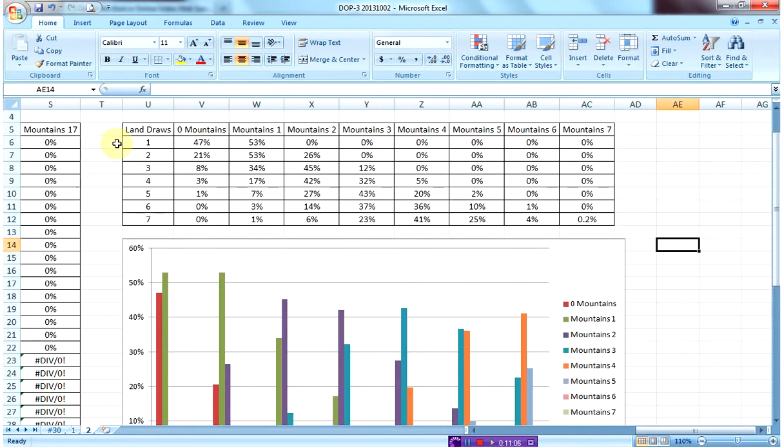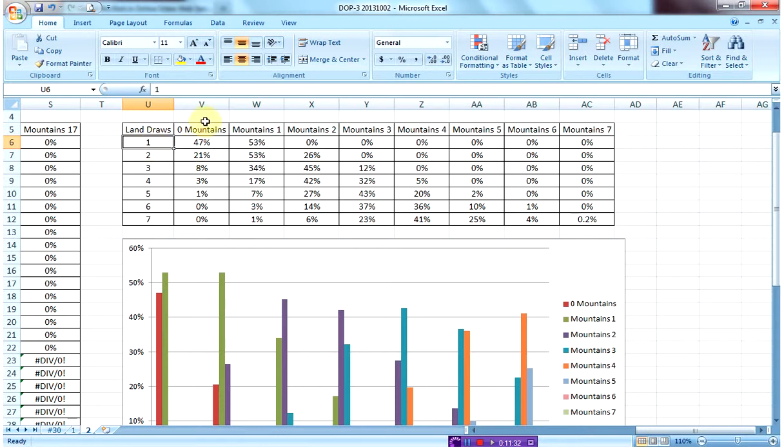So I draw one land, my first land, top card off my land deck, or in reality, I have my 40 card limited deck with 17 lands in it, and 9 of them are mountains, 8 of them are forests. The card draws don't matter until I get to that first land draw.